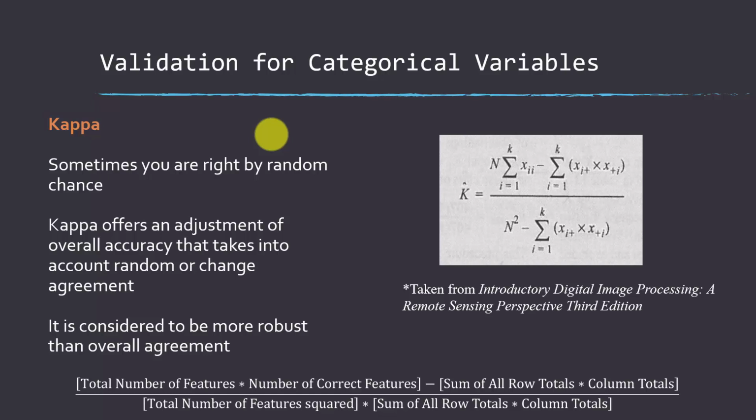So kappa offers a means to adjust overall accuracy based on chance agreement, and you can see the equation here. So again, that's a common metric to use because it takes out that component of getting something right just by random and adjusts for that. So it offers, again, just an adjustment of overall accuracy.